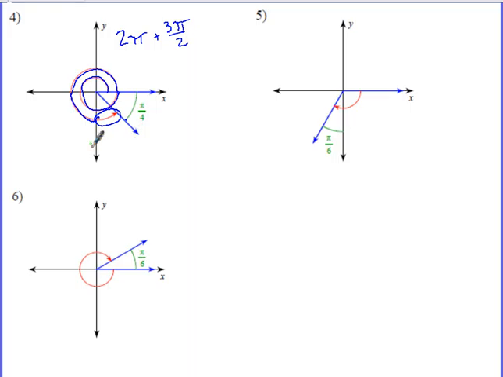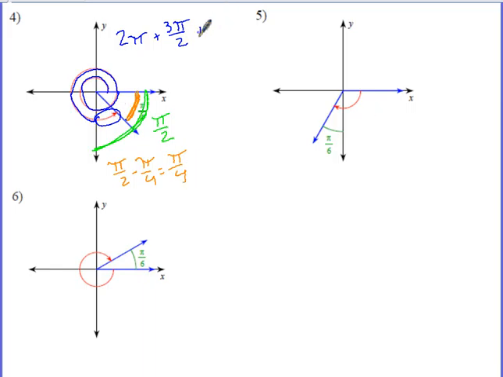Let me get a different color here. So this whole thing would be 90 degrees, and we know that's equivalent to pi over 2 radians. So if this piece is pi over 4, then the missing piece that I'm trying to find would be pi over 2 minus pi over 4, which gives me pi over 4.